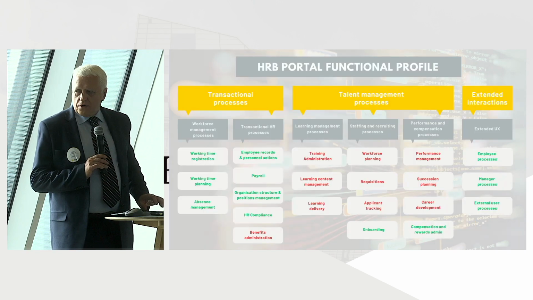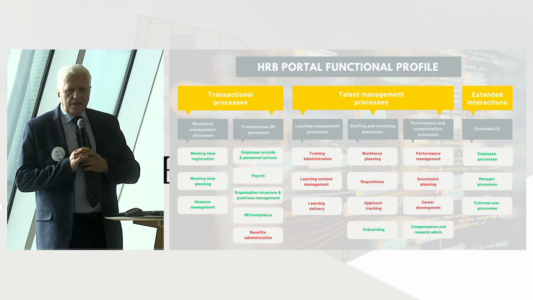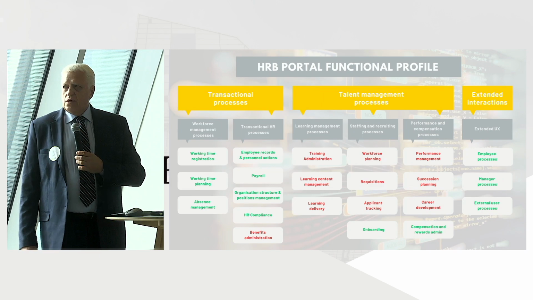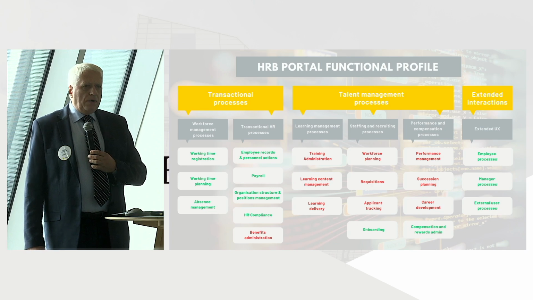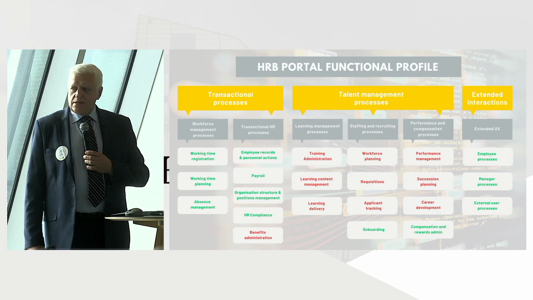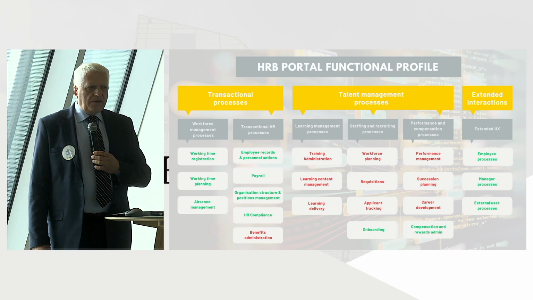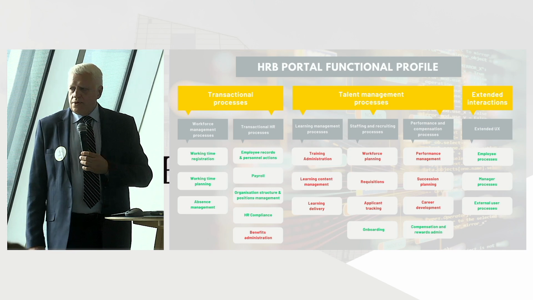Let's move on. I'll start with the same slide as the previous time, just to describe our product profile or footprint, which functionalities are inside and what we believe we should include and develop further.